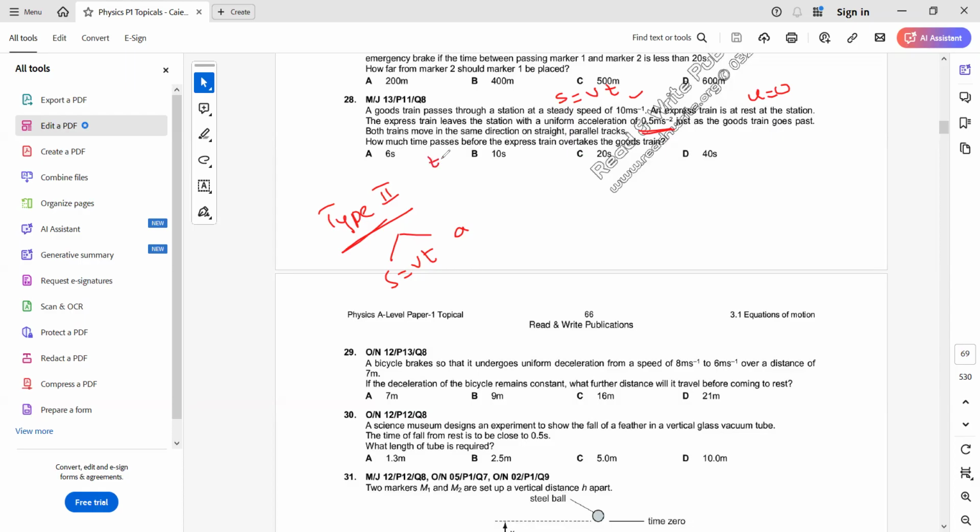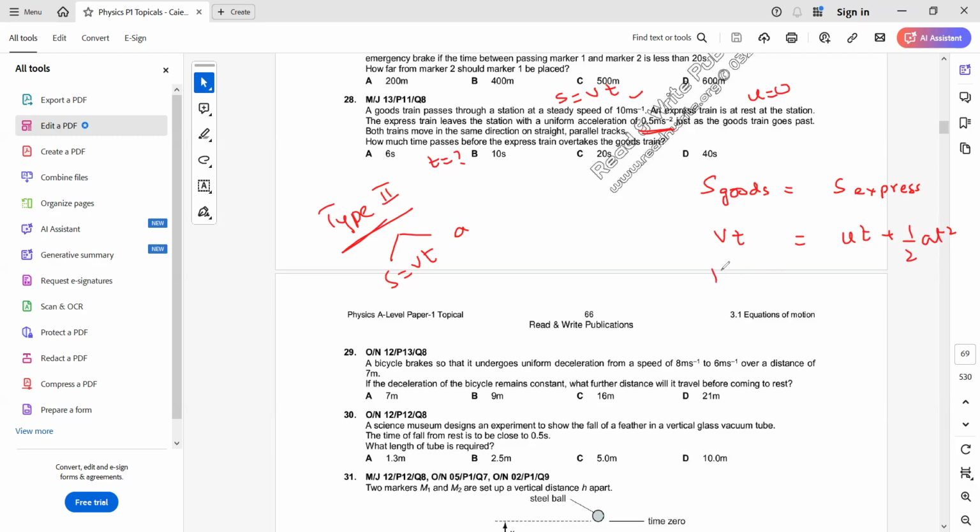They are interested in time. So what should we do? The express train starts from rest with an acceleration. The distance traveled by the goods train should equal the distance traveled by the express train, and only then can we say it overtakes. The goods train is solved by vt, and the express train by ut plus half at squared.